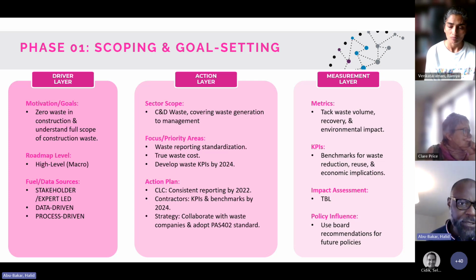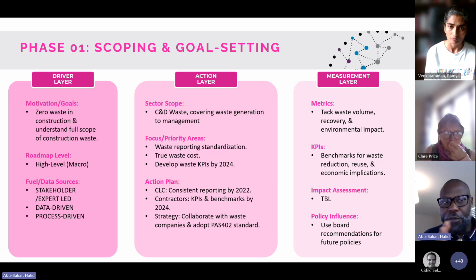They've done some impact analysis and impact assessment, which is essentially to do with the triple bottom line, and then of course the overarching policy influence to use board recommendations to influence future policies. So this is the first phase run through the framework.